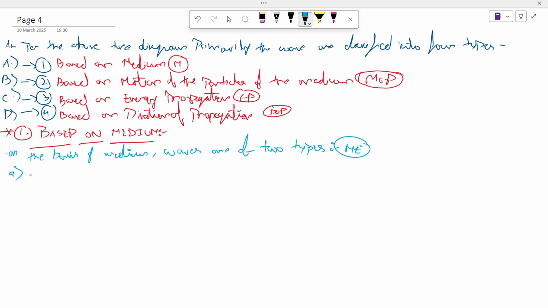M stands for mechanical wave, and the second one is the EM wave, that is electromagnetic wave. So let us first discuss the mechanical wave. Afterwards, we'll discuss the electromagnetic wave. So let us see.